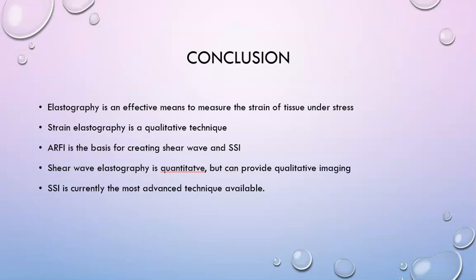So we have shear wave elastography, which is quantitative, but can also be applied to get qualitative imaging. And then SSI, or supersonic shear wave imaging, is currently the most advanced technique available and the most reproducible. And that concludes our short lecture on elastography.